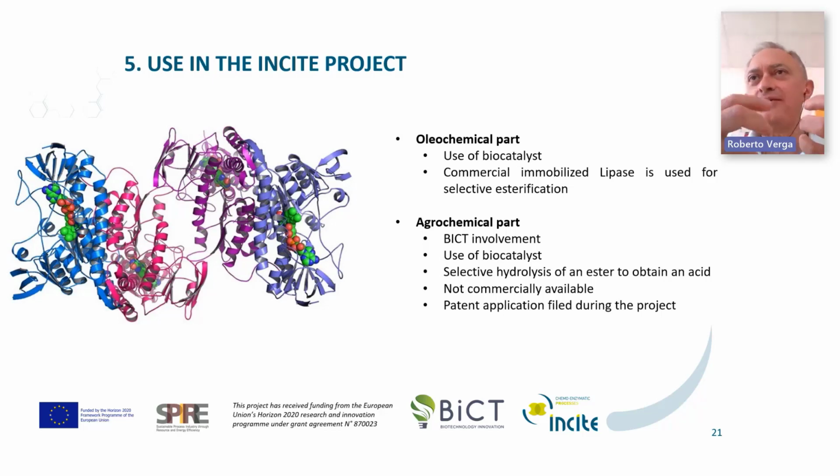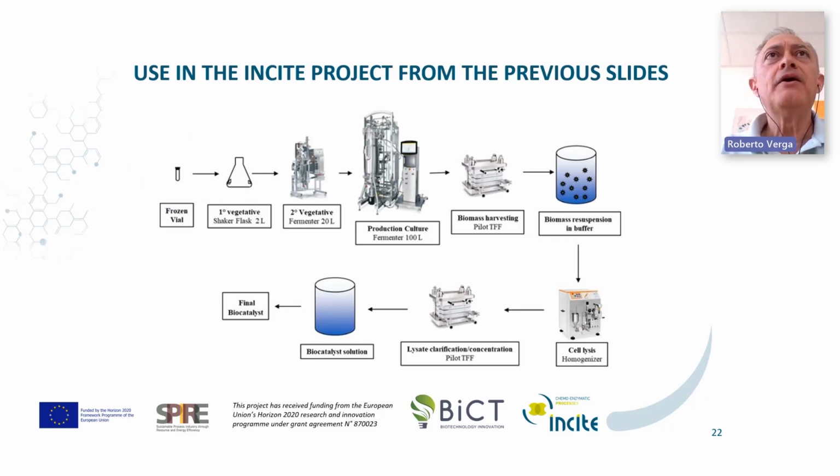It's very strong. In this slide the process is summarized practically. For this esterase, chromatography steps are not necessary, but we have only the upstream part: the cell harvesting, the disruption with a homogenizer.